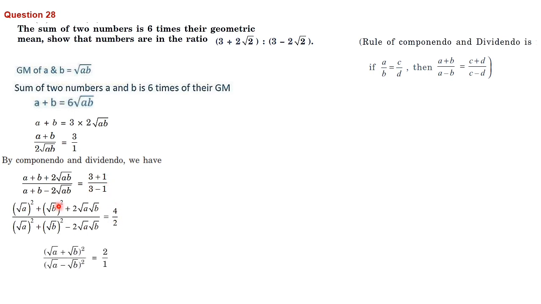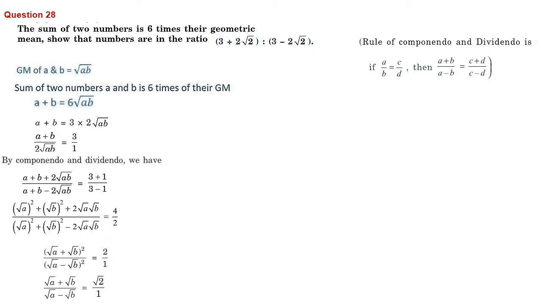Now as I said before, in the form a plus b the whole square, a is root a and b is root b. So root a plus root b the whole square, by root a minus root b the whole square, because there is a minus sign. Then 4 divided by 2, when we cancel, gives 2 divided by 1.